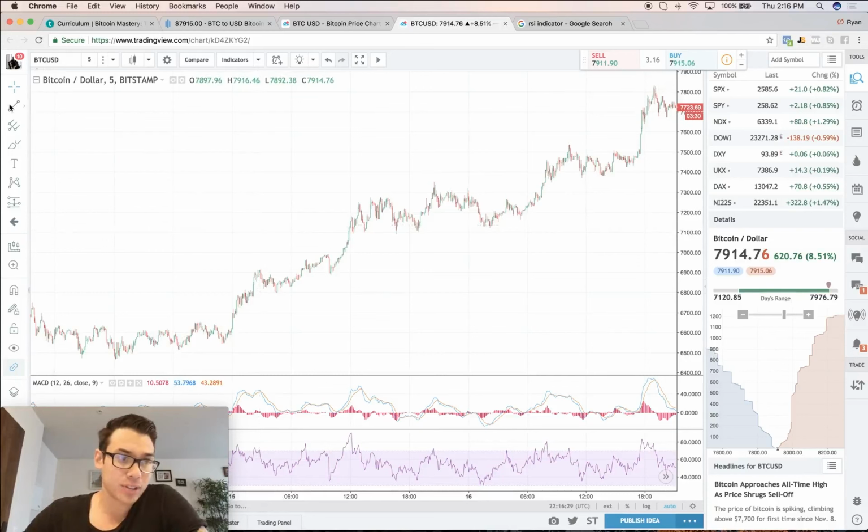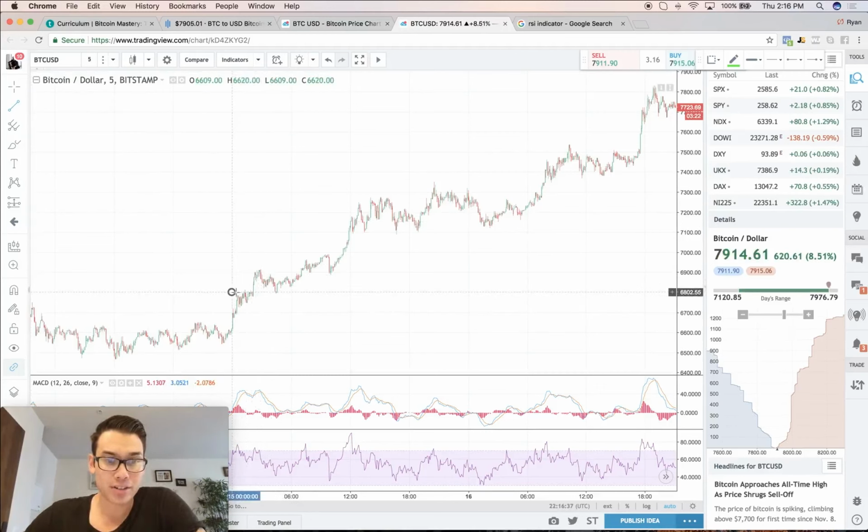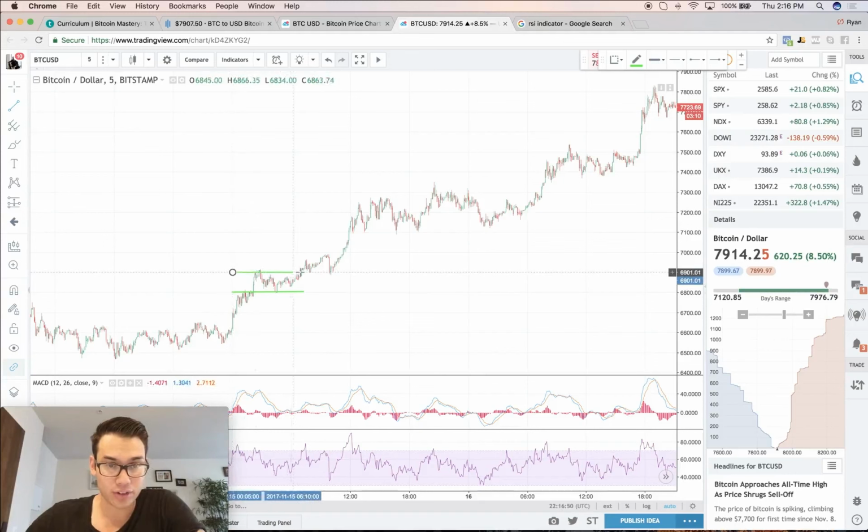I would start off by drawing some trend line supports, okay? And trend lines just show you where buyers and sellers have consolidated and agreed on price, but they haven't agreed if we should push higher or lower, okay? So I would draw trend lines kind of like this, very simple, okay?